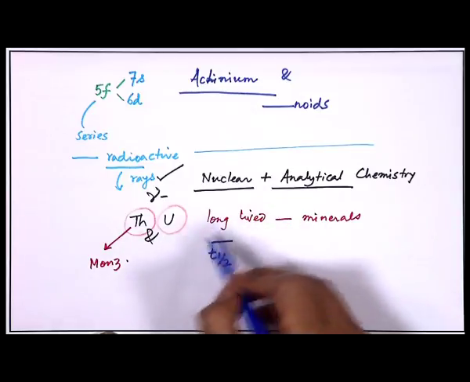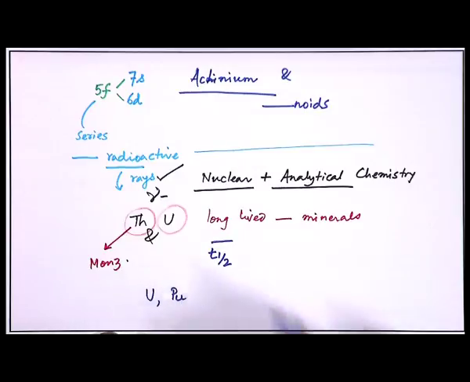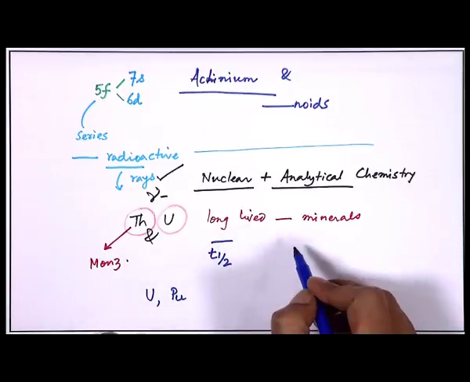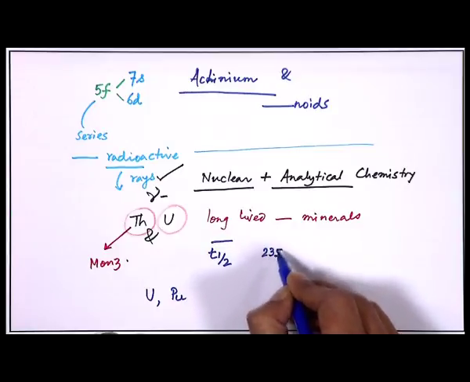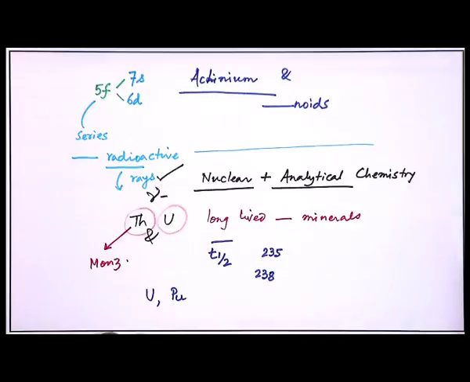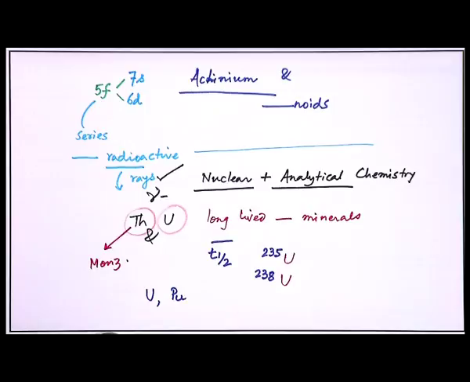So, we all know that uranium is a very good nuclear fuel. Uranium and plutonium are nuclear fuels. So, uranium and plutonium will have some T-half values, and the corresponding isotopes we know for uranium are uranium-235 or uranium-238. So, uranium-235 and uranium-238 will have some particular T-half values.